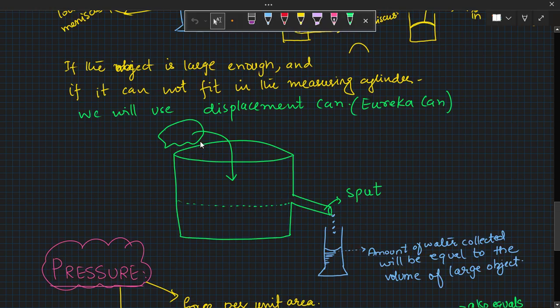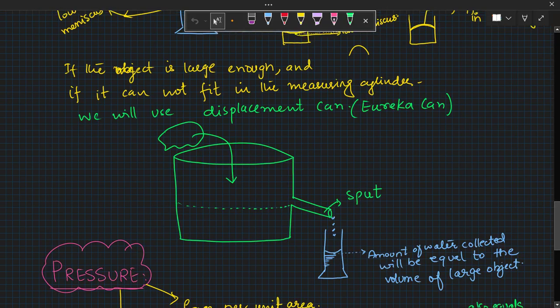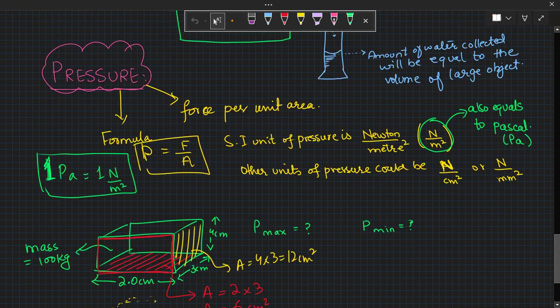Then we immerse the irregular shape object, right? The level of the water rises and it is collected in the measuring cylinder. Whatever volume is collected in the measuring cylinder is considered the volume of the irregular shape object.